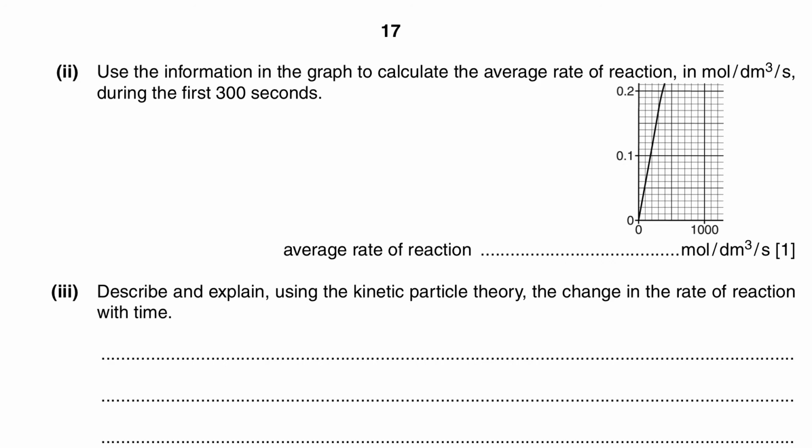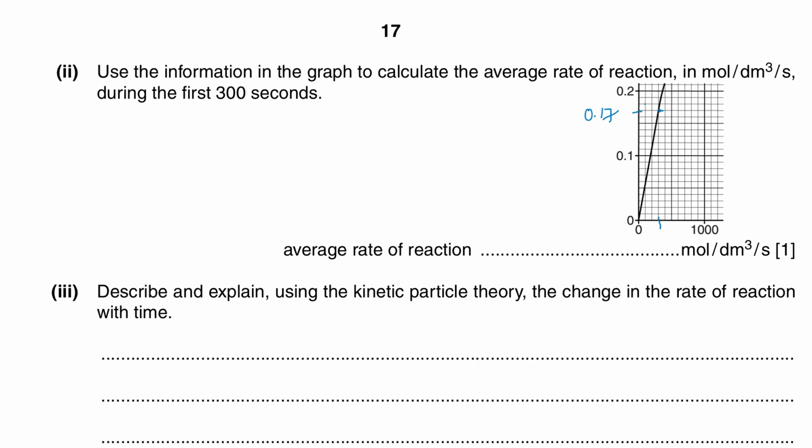For the first 300 seconds, that's the 300 marker. Let's see how high it goes. It goes from here till here. What is that? 0.17. So it produced 0.17 worth of concentration in 300 seconds.